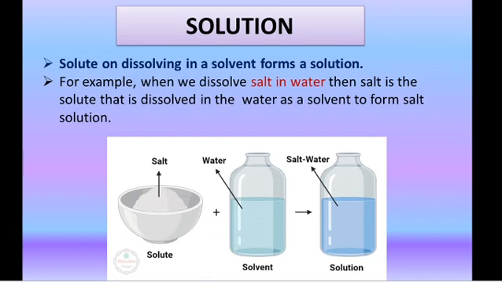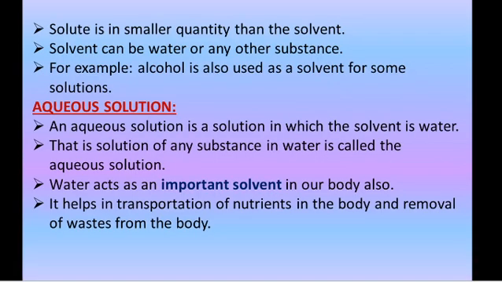For example, salt is a solute and water is a solvent, and together they form a salt solution. Generally the solute is in smaller quantity than the solvent, and the solvent may be water, alcohol or ethanol, but the main universal solvent is water. Apart from water, alcohol is also a solvent.